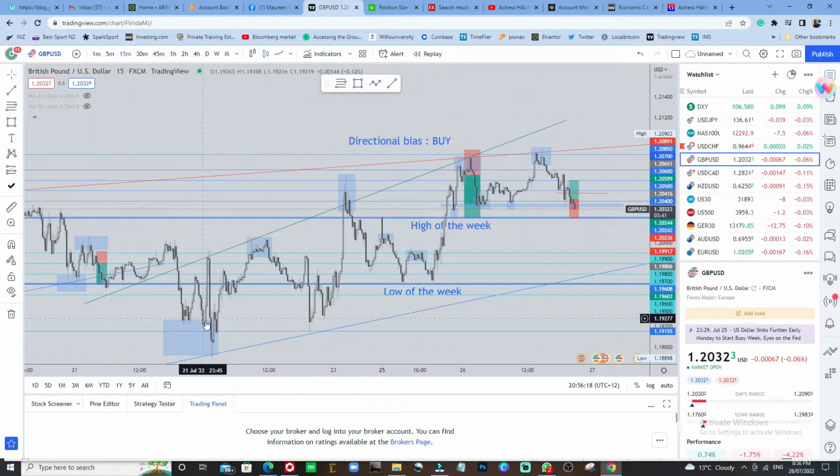And look at it, it broke it, retested it, broke it again, retested it again, came down, retested it a second time. First, second, third time I had to take a sell, because we had weak rejections there, and I could see a form of consolidation, as well as a psychological level there. So they all met in the same area, so I took a sell, and it was wonderful.